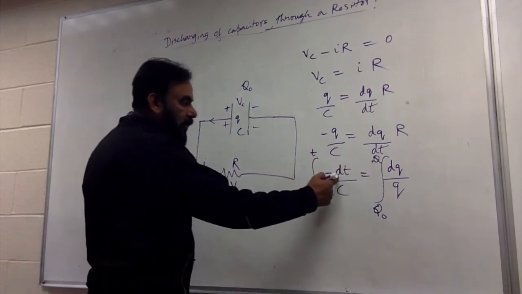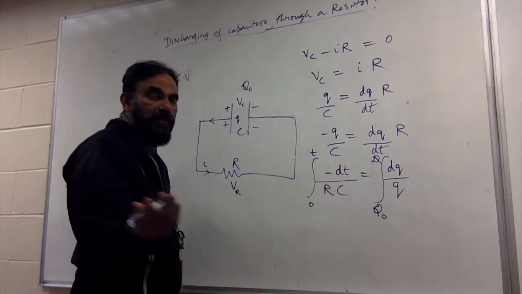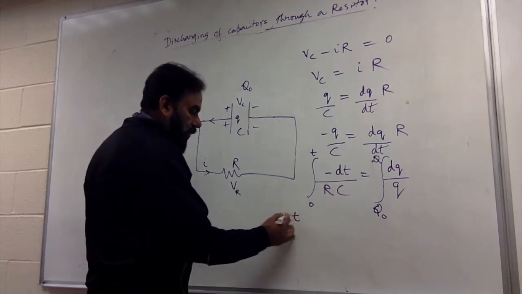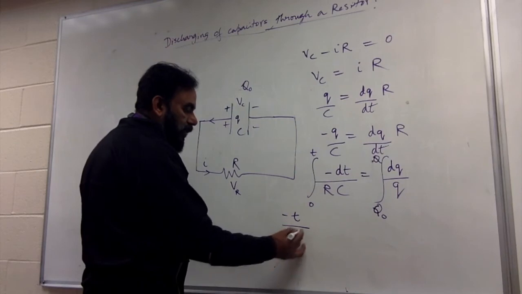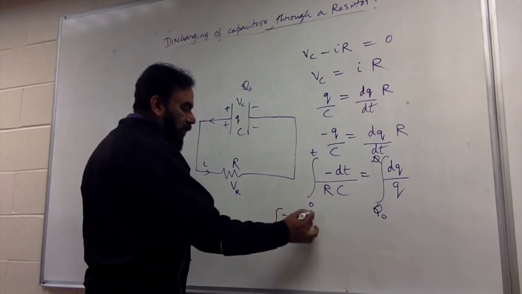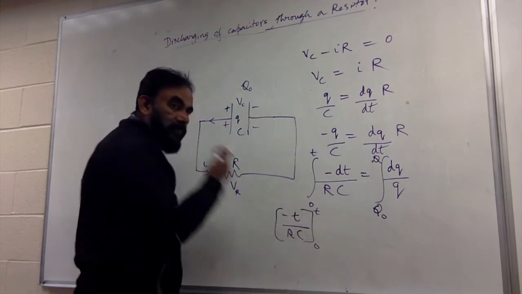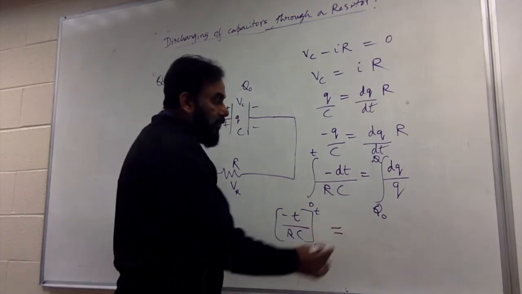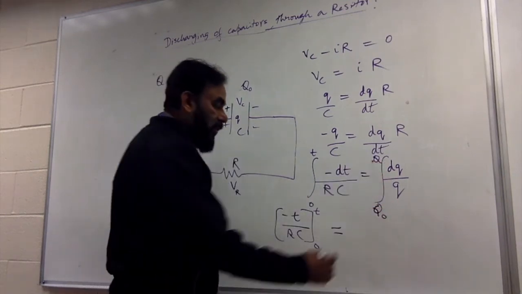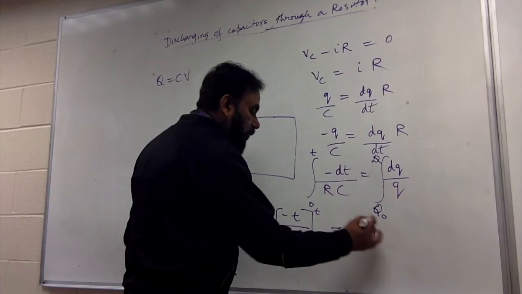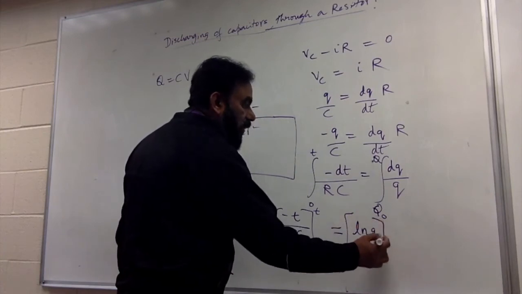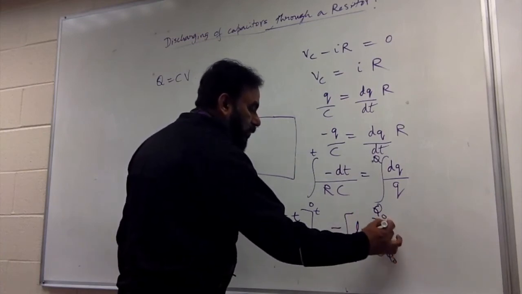Now, how do you integrate this? The integral of dt gives t, so minus t over RC, boundaries 0 to t, is equal to natural log of q, and the boundaries there are q naught to q.